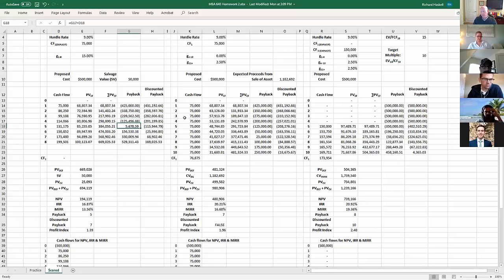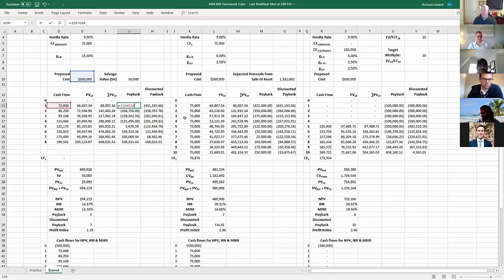Now, if I was doing a monthly projection, I would have been able to tell exactly what month in year 5 it would happen. But it's sometime during year 5. Rick, so year 5 because it's positive? Yeah, because I finally turned positive in year 5. So here in year 1, Jason, I spent $500,000.